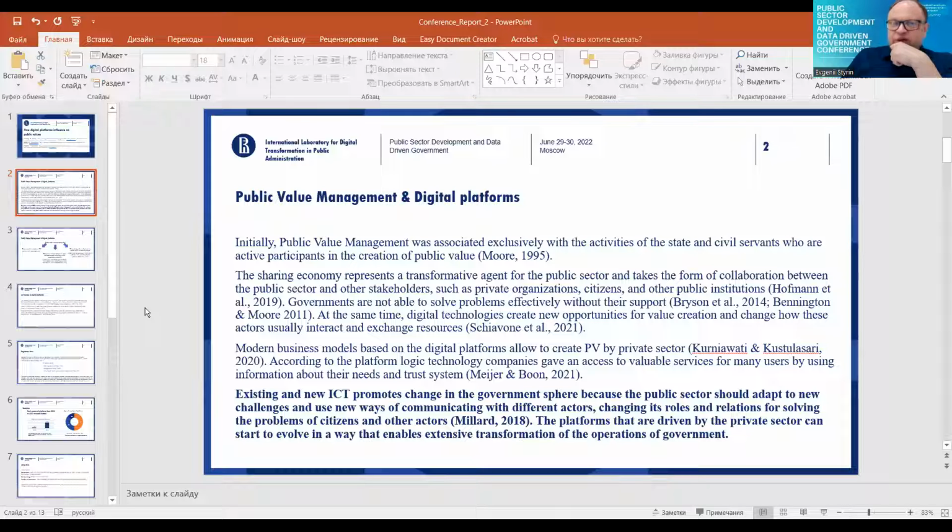There is a lot written about public value management in the context of digital technologies in general, more general frameworks. And for us, it's very interesting in this branch of research to study how this is being changed by means of digital platforms.